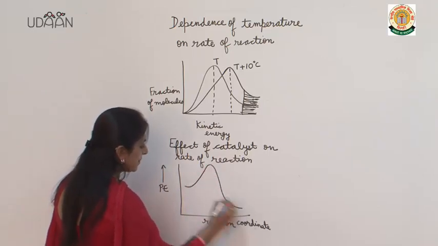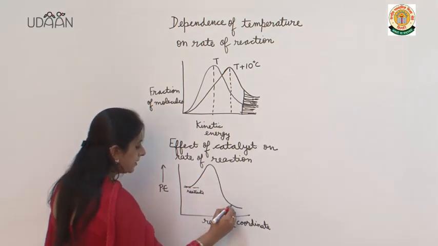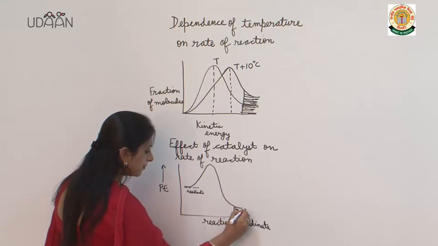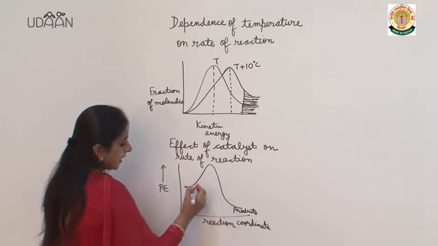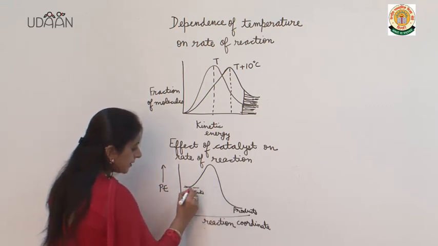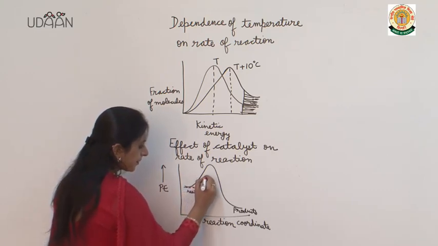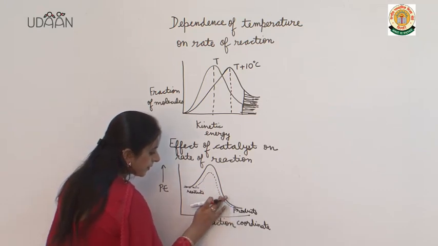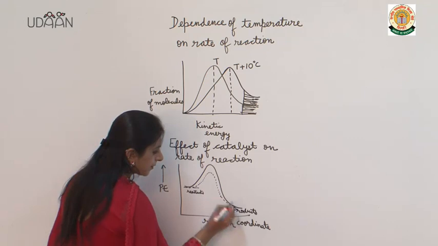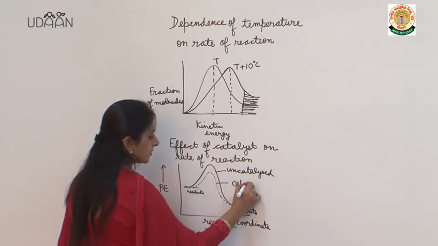So let us see, these are the reactants and these are the products. Now what happens is that this is the energy barrier. Let us say this is uncatalyzed reaction and this is the catalyzed reaction.